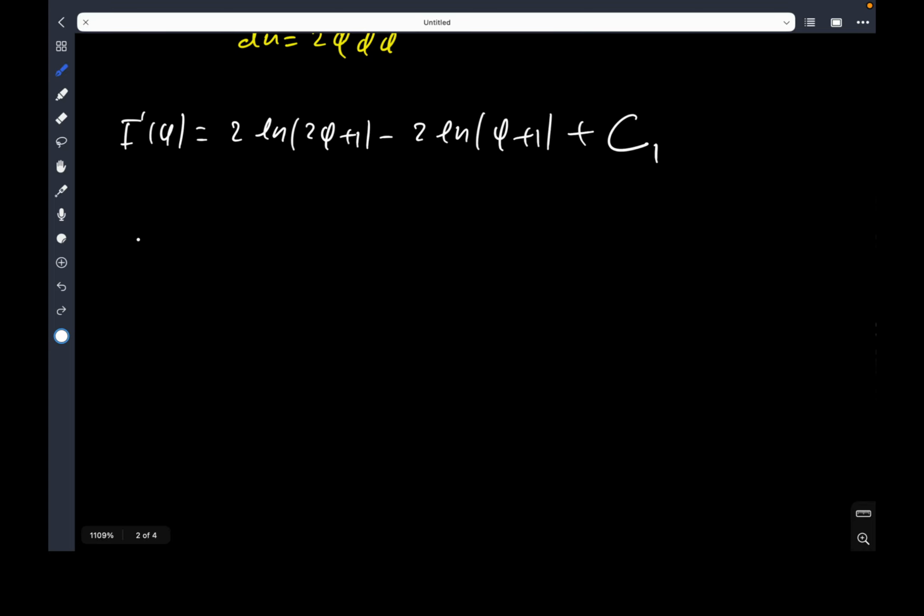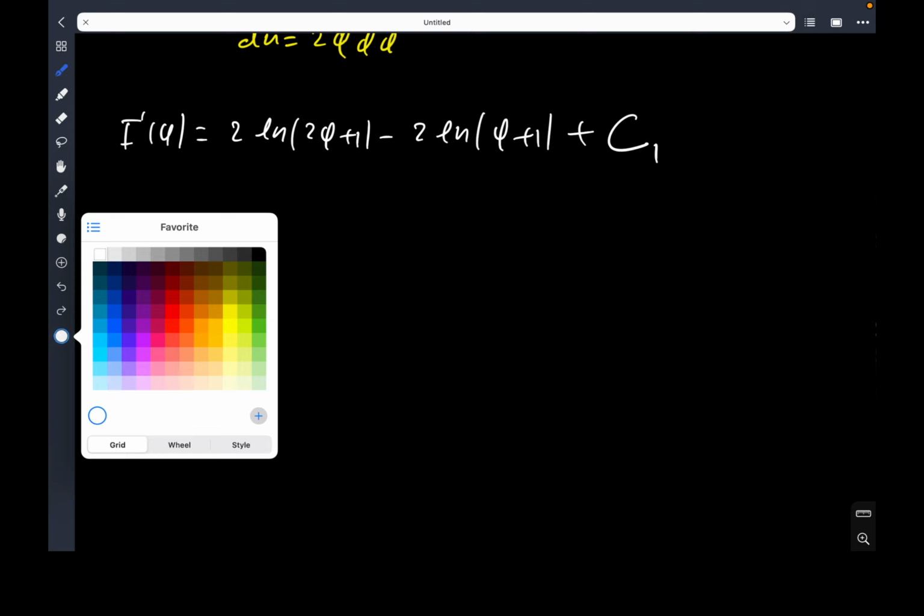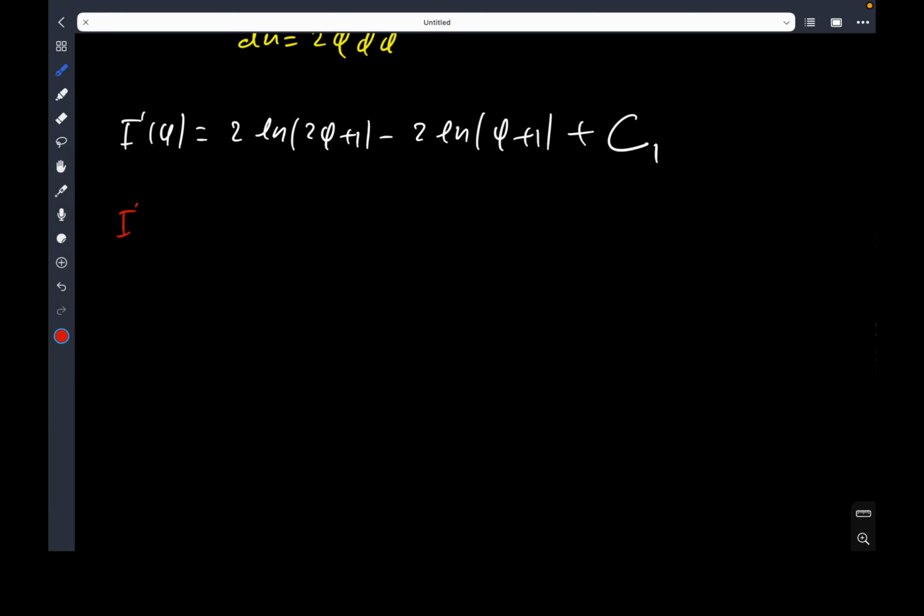I'm going to equate this thing to I prime of phi, which was, if you remember, the integral from 0 to 1 of 2x to the 2 phi minus 2x to the phi over ln x dx. And I'm going to equate this to this term right here.